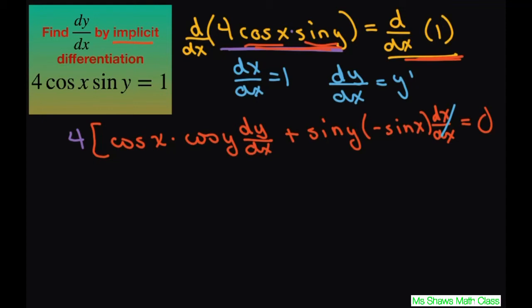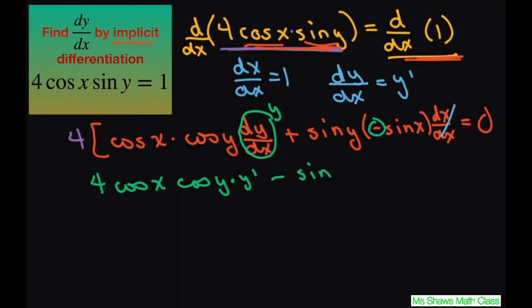So I'm going to go ahead and distribute my 4 here, and you get 4 cosine of x cosine of y times y prime, minus, because you have this negative here, 4 sine of y times sine of x equals 0. And there should be a 4 here, because I have to distribute the 4.